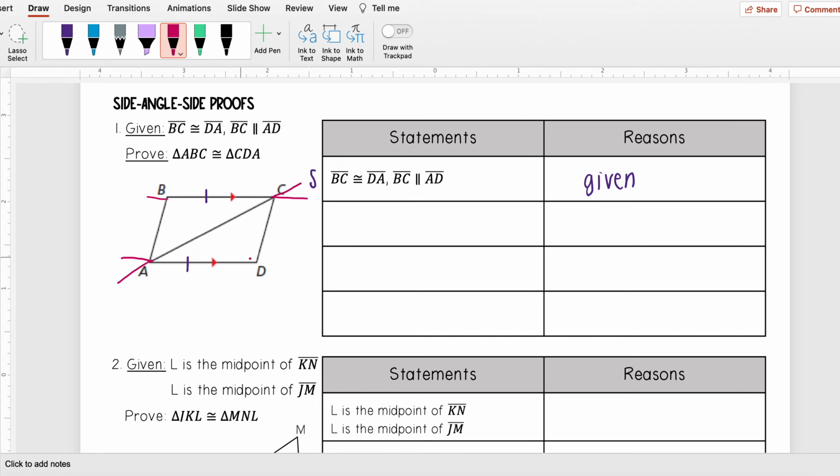Looking at this, I see that I have alternate interior angles that are inside here. And if you remember, alternate interior angles are congruent. And so I can then say that angle BCA is congruent to angle DAC. That's by the alternate interior angles theorem.